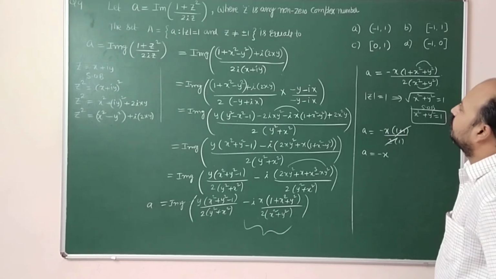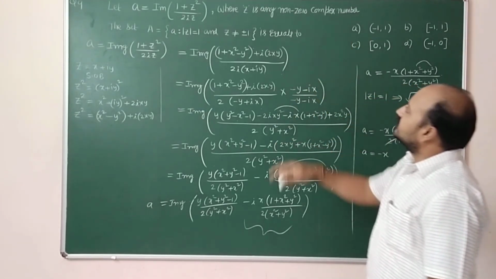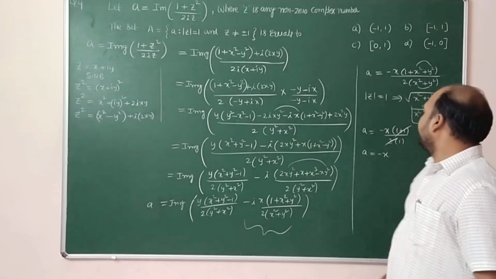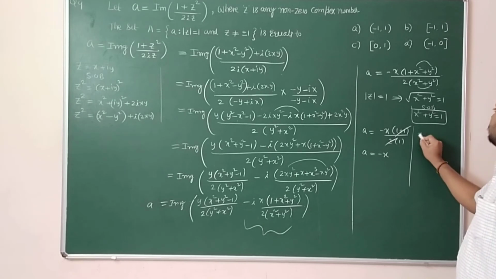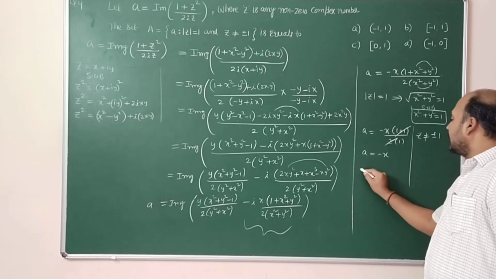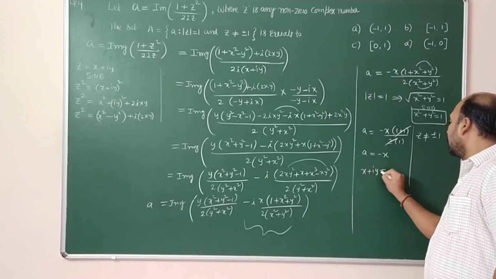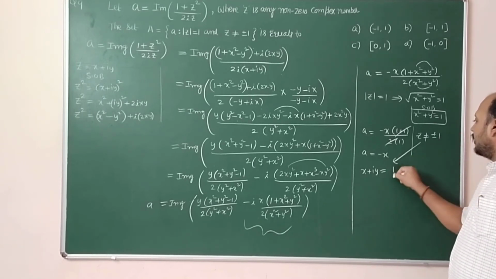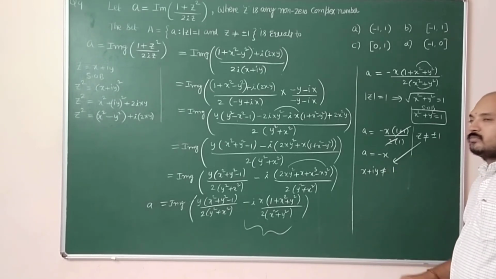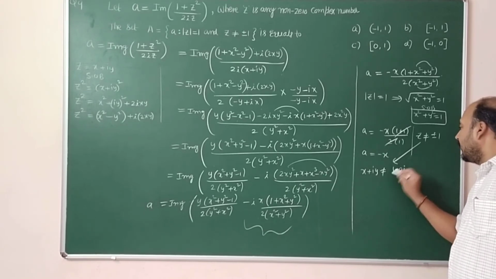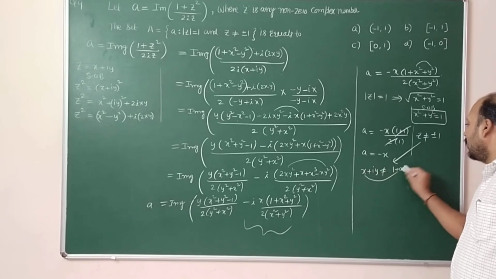And also the non-zero complex number, and set z is not equal to plus or minus 1. So z means what? x plus iy from here. If we take z not equal to 1, 1 can be expressed as 1 plus 0i, so x value is 1.